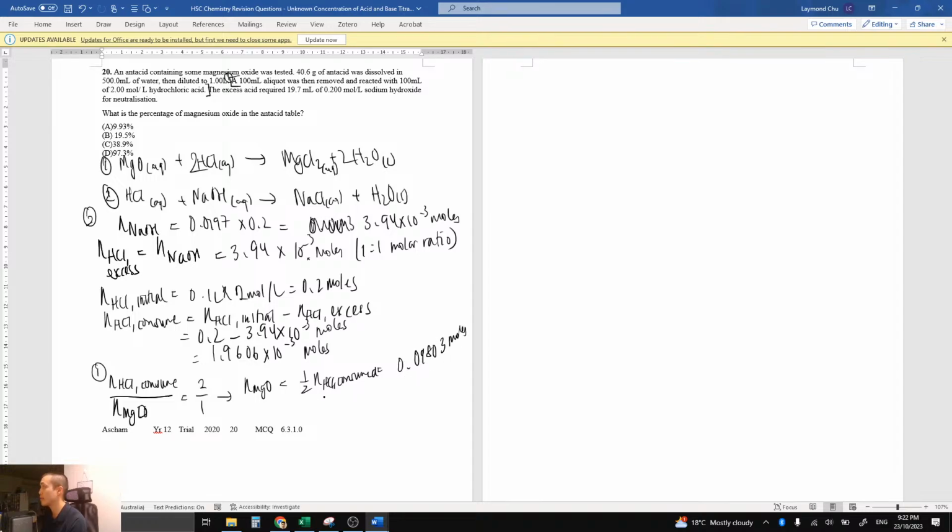Now we need the percentage mass, which is the mass of MgO times the molar mass.